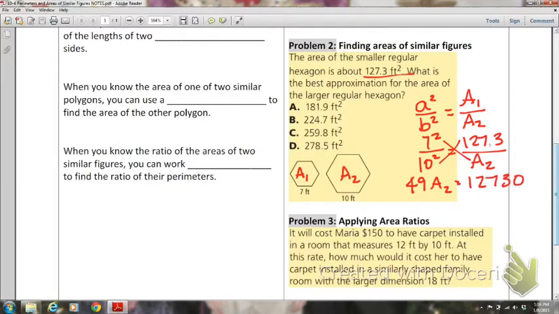So now divide both sides by 49, and you're going to get approximately 259.8. So the answer is C, 259.8 feet squared. So now let's go to problem 3.